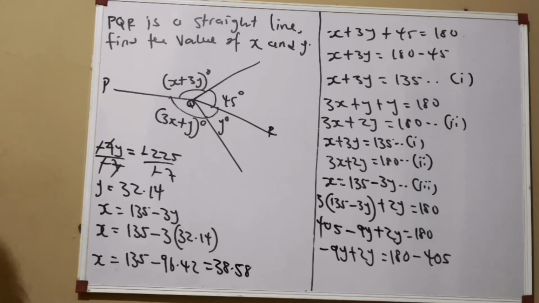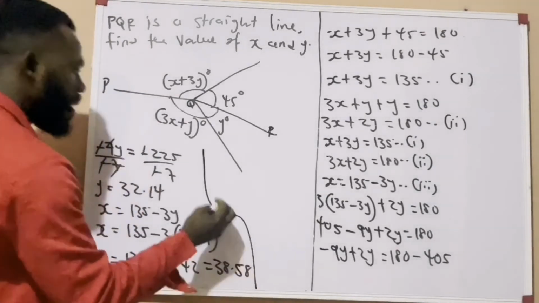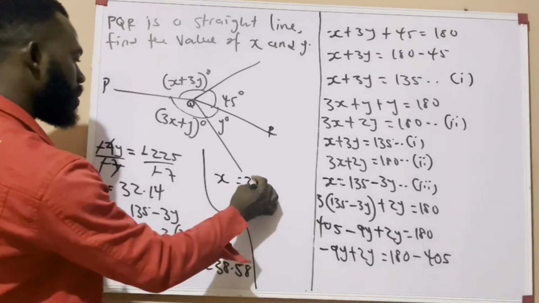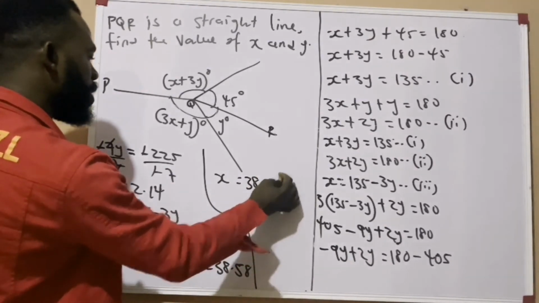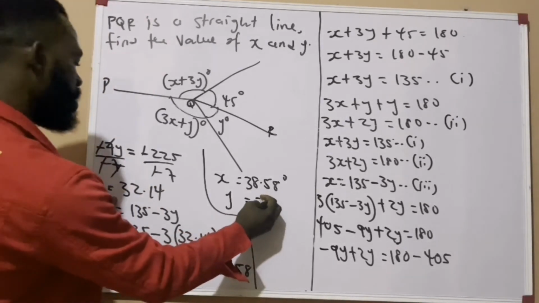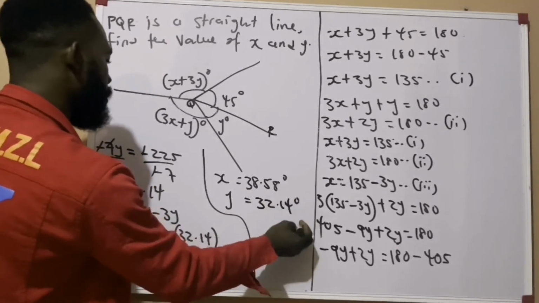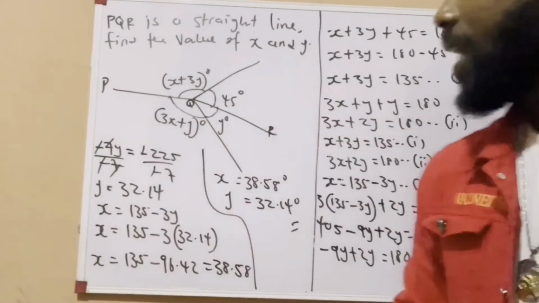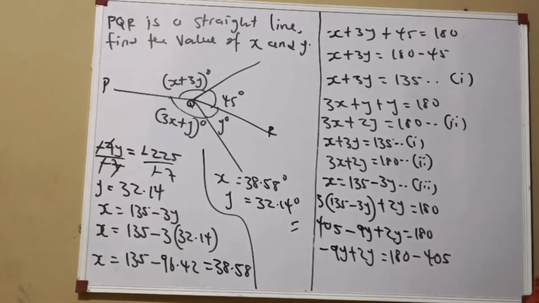So it means that x is equal to 38.58 degrees and y is equal to 32.14 degrees. So this is the value of x and y if we solve this diagram.